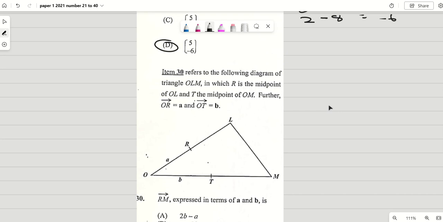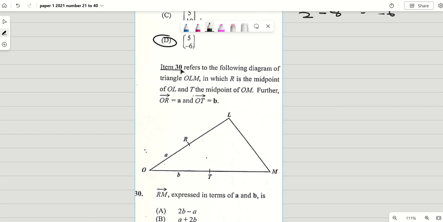Right, number 30. Item 30 refers to the following diagram of triangle OLM, in which R is the midpoint of OL, right? T is the midpoint of OM.